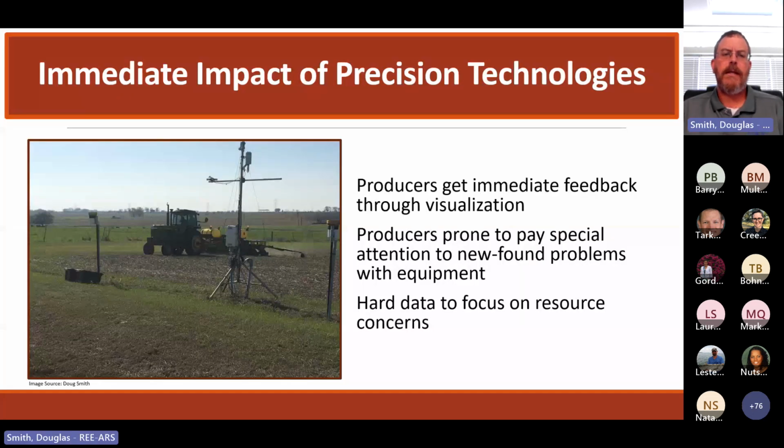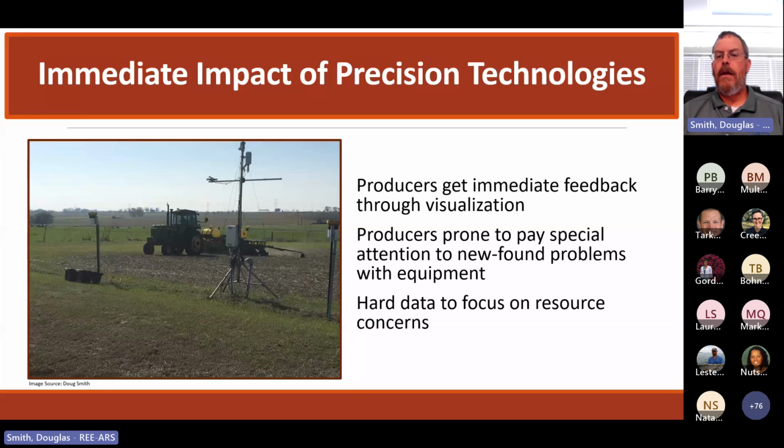So some of the immediate impacts of adopting precision ag technologies. The producers get immediate visualization and feedback from the operations that they're doing. It makes these producers more prone to pay special attention to these newfound problems with their equipment.